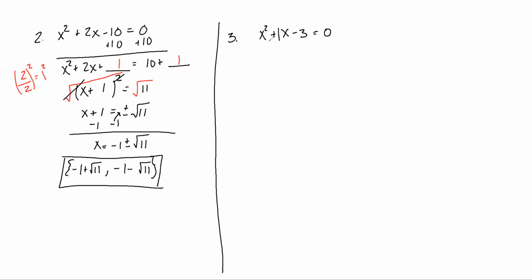So first things first, let's get the x squared and the x alone. Let's add the 3 to both sides. We have x squared plus, I'm going to leave it as 1x, leave a blank, and then let me fix this line here. It's going to get in our way a little bit. It's a little bit better.